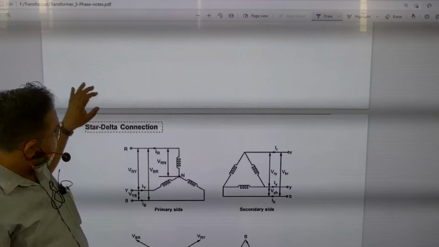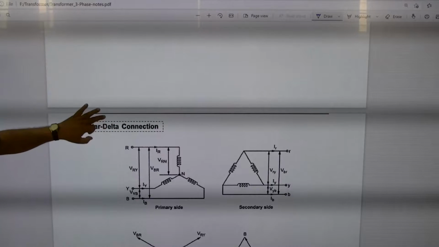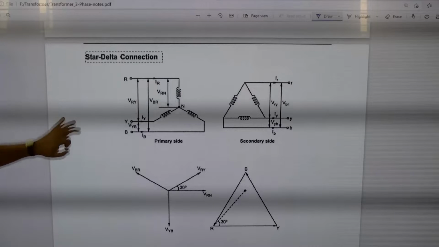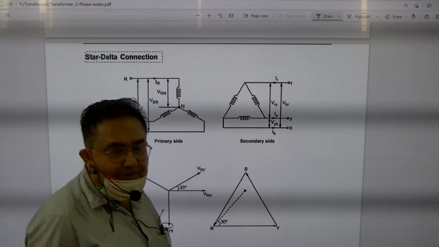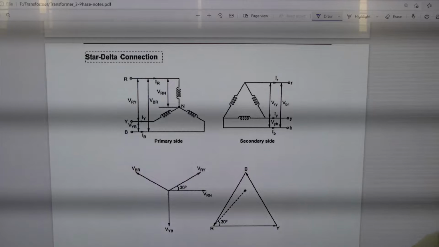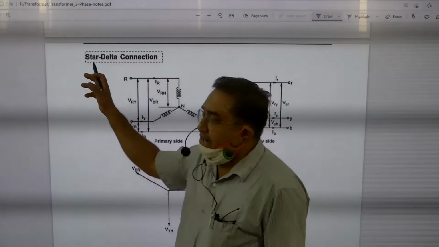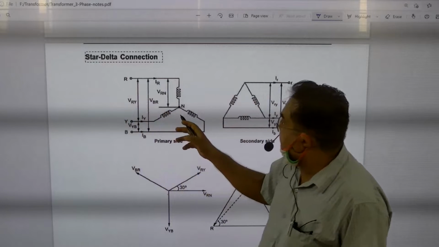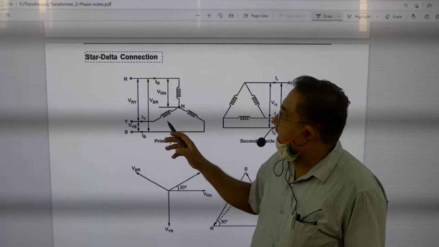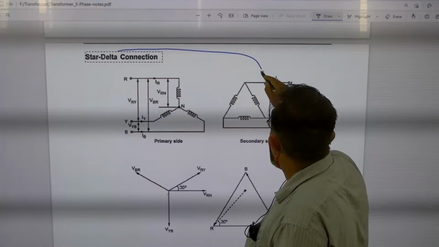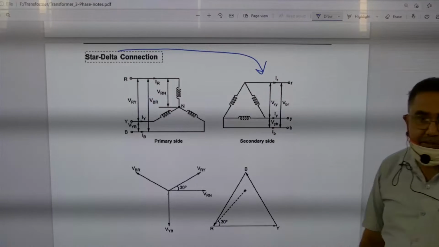Next connection comes: star delta, very clear. The first name indicates the primary side, the second name indicates the secondary side. So the primary will be connected in star, you can see it is connected in star, while the secondary is connected in delta like this. Clear?